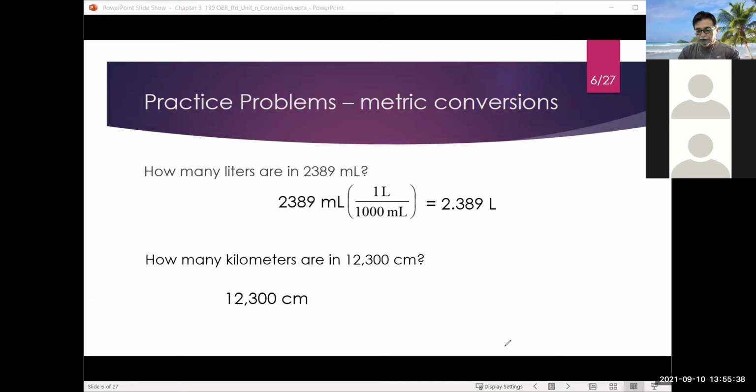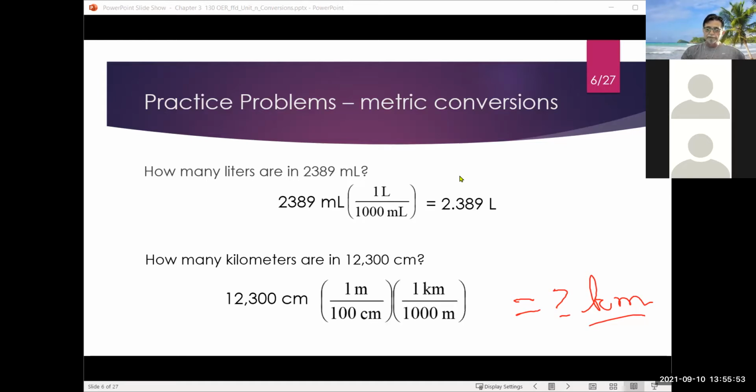I didn't write it down here, but I normally would write down the units that I'm striving to obtain, kilometers, and that's what shows me the direction to make sure I set this up properly. All right, so my first factor is in centimeters. I need to get rid of centimeters. And I know from my tables that in 1 meter, there's 100 centimeters.